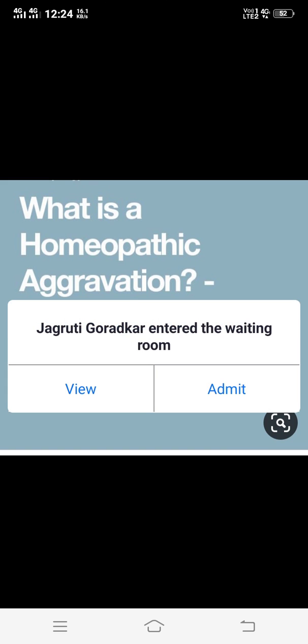Then the second significance is that the life principle is now free from the natural disease force. You know that the life principle is affected due to the natural disease, and when you find a homeopathic aggravation in a case, you may say that the life principle is now free from the natural disease and is under the effect of an artificial disease force.